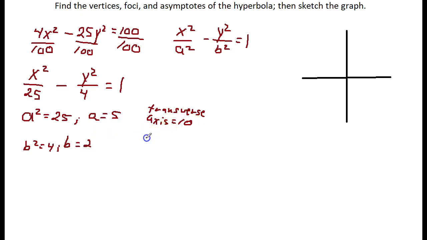So my conjugate axis, its length is 4 units because it's 2 times b, and 2 times 2 is 4. Now my center, because there is nothing added to or subtracted from the x squared and the y squared, the center is at 0, 0.